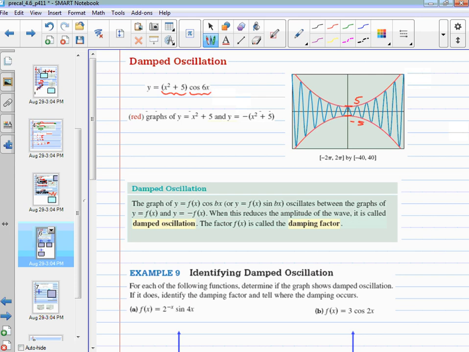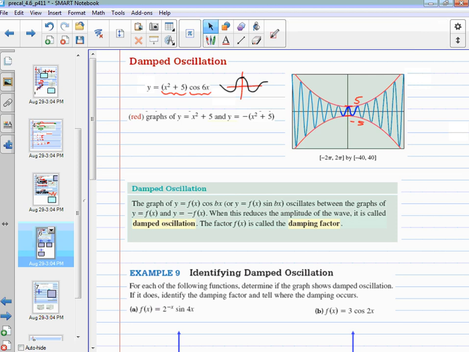And what is a cosine? Now the 6 changes the period, how frequently it goes up and down, but this is just a cosine graph. A cosine graph, remember, is normally at its peak, and it's going like this. There's a cosine graph. Well, it's real fast. Look right here at this blue one. That's a cosine graph.